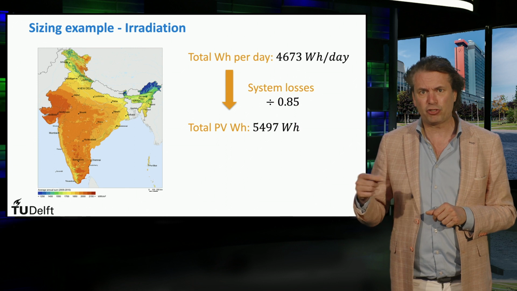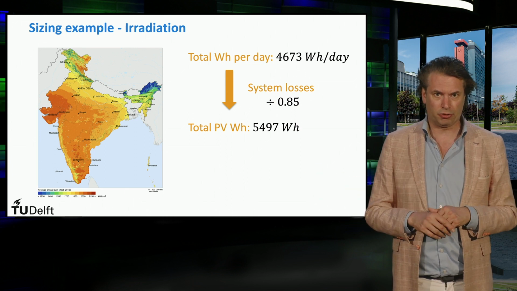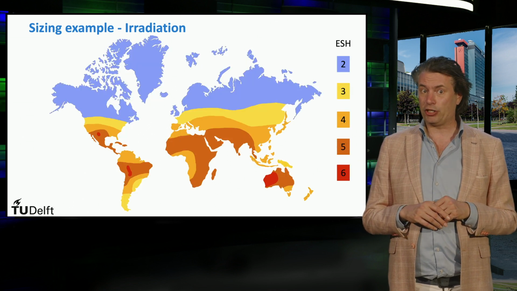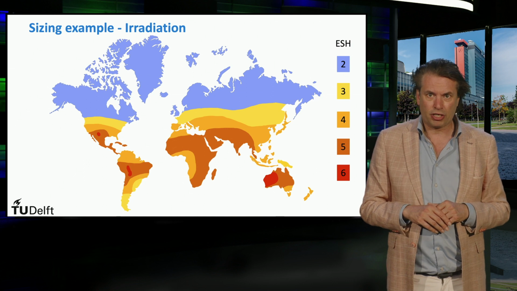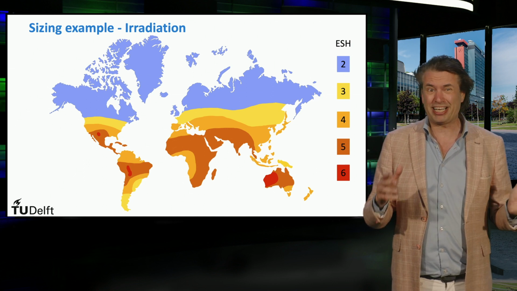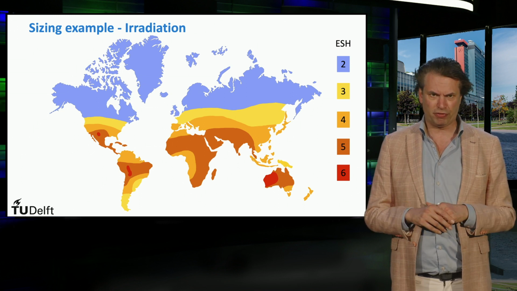The next step is to design a PV array such that its power output can meet the load demand. This starts by obtaining the equivalent sun hours for the PV system's location. The equivalent sun hours is an important parameter when carrying out the simple design of the PV system.